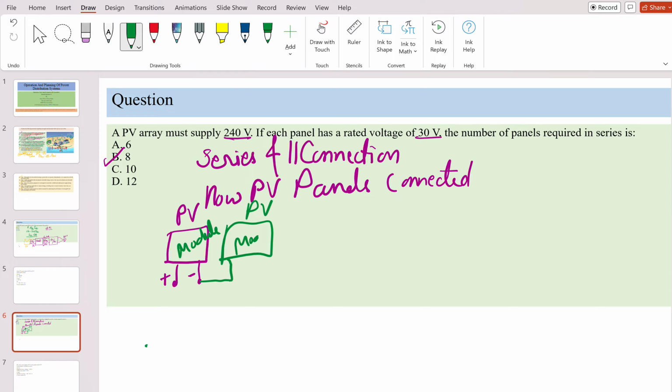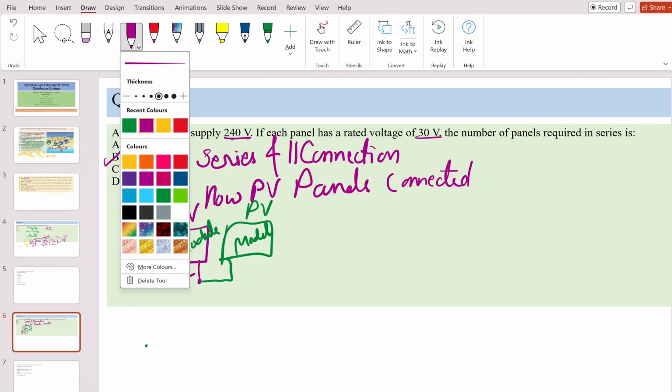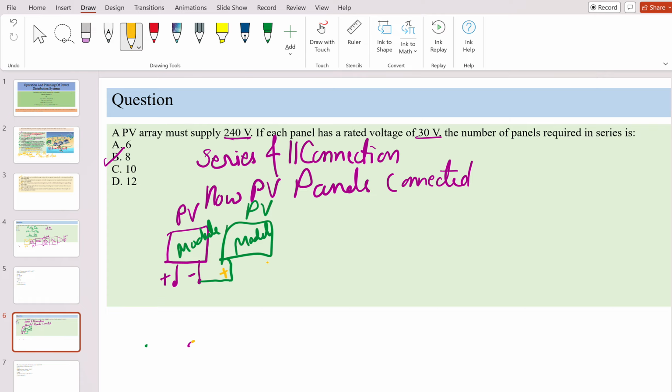When a lot of modules get connected in series and parallel configuration as per the current and voltage rating, you will get an overall array. So here you see it is connected with the positive of this, and then the negative gets out, and here it is connected to another module.